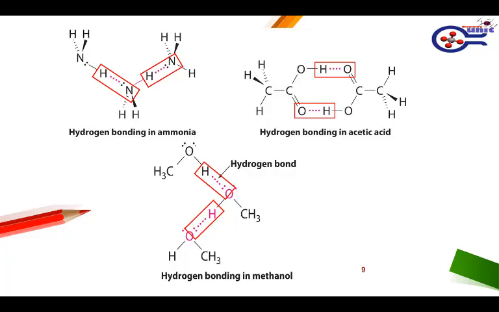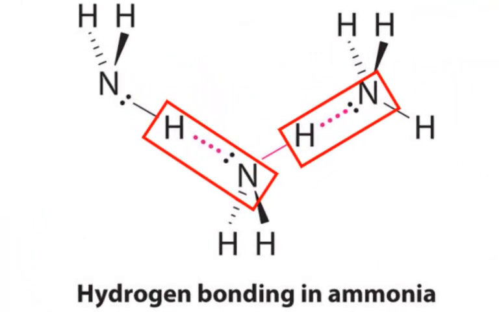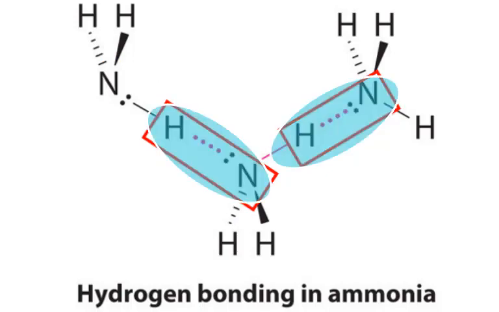Ammonia, NH3, is an example of a molecule that can form hydrogen bonds. Let's look at hydrogen bonding in ammonia when it is close to other ammonia molecules. This hydrogen, which is bonded to highly electronegative N, meets the nitrogen on another molecule of ammonia and will form a hydrogen bond.